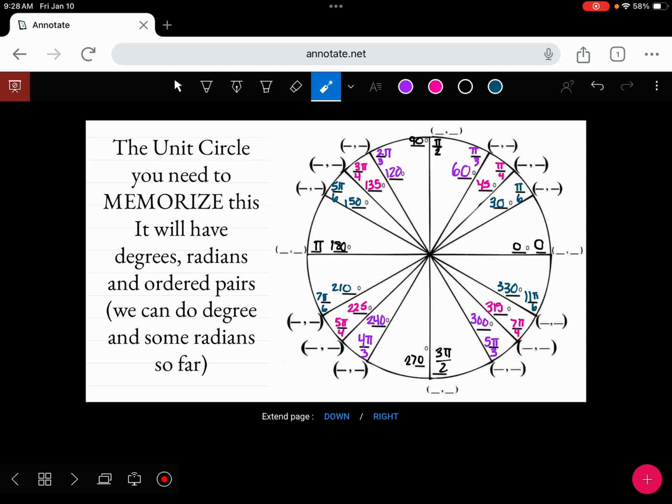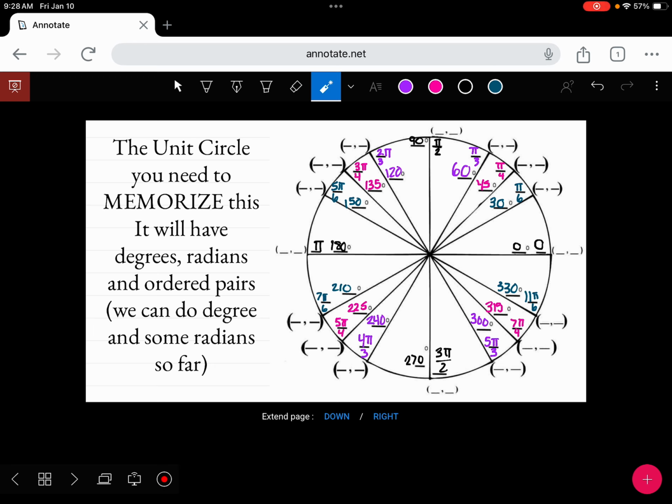And I will show you a couple of them as we get closer to the unit circle tests. If the things that we do don't work for you, feel free to check out YouTube. Khan Academy has some good ones too. There's lots of options for how to do this quickly.